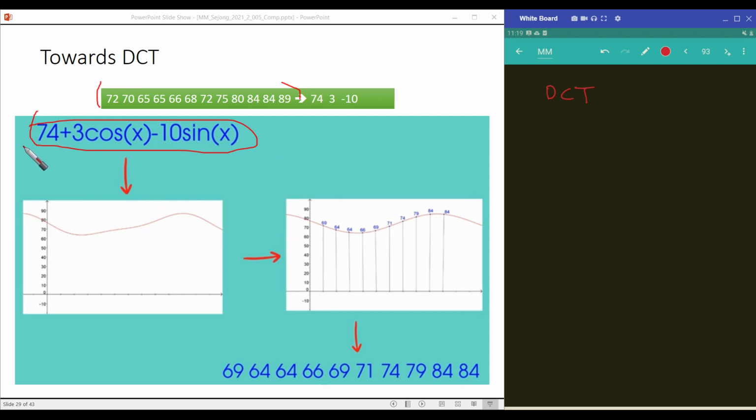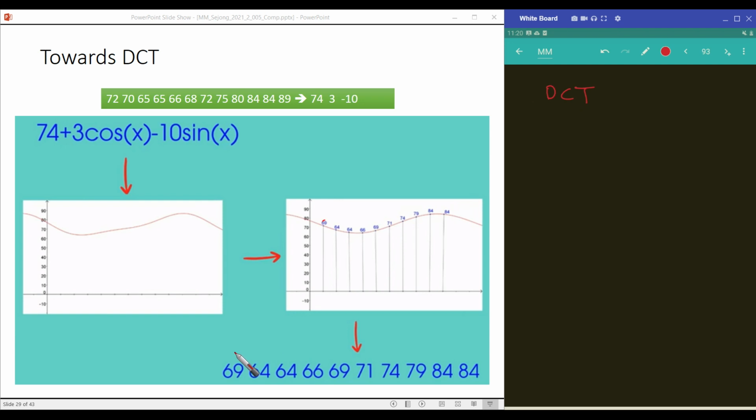If we calculate these numbers and draw a figure, let's say this is our x and this is our y, then you will have a continuous curve, definitely, right? But then we need to sample it. Let's say periodically, at a certain interval, this is one number, the second, third, fourth, and in this way.